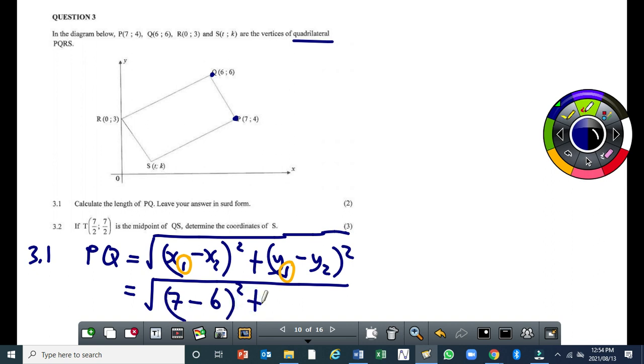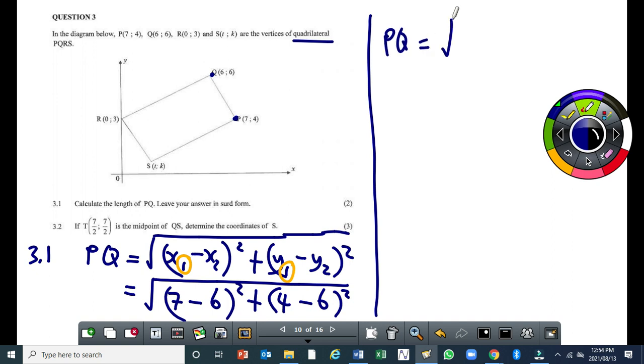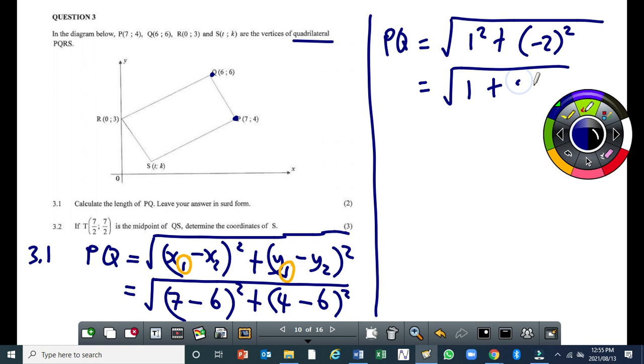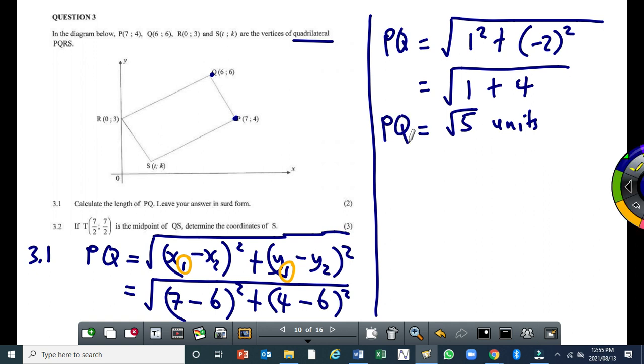Then PQ is equal to the square root of 7 minus 6, that's 1, so we get 1 squared, plus 4 minus 6, that's negative 2, so we get negative 2 squared. Eventually you get the square root of 5 units as the length of PQ. If you did the question, you can just mark your work there. It's very straightforward.